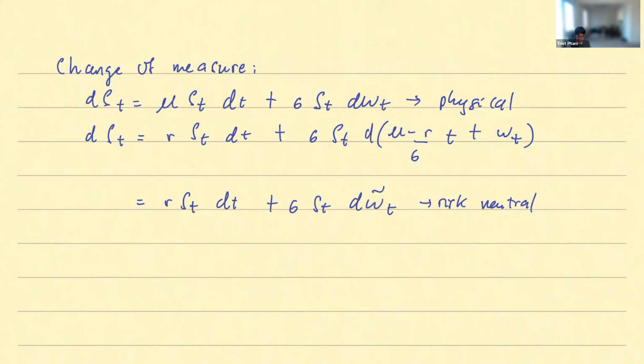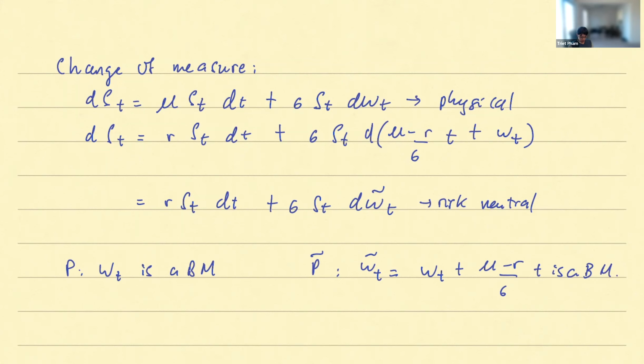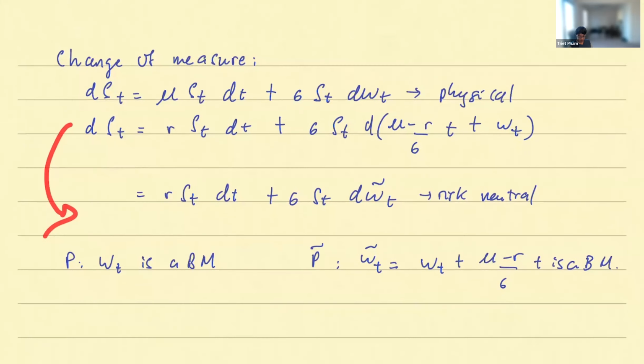When it comes down to it, the difference is that in P, W_t is a Brownian motion, and in P tilde, W tilde_t, which is this guy, is a Brownian motion. Okay. But that's just a mechanical way to look at this, but it's fine.